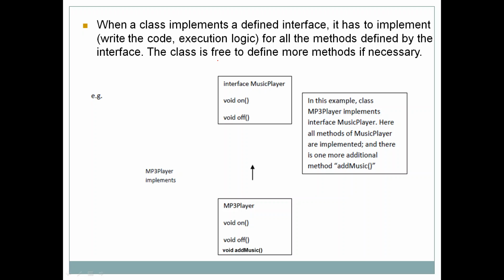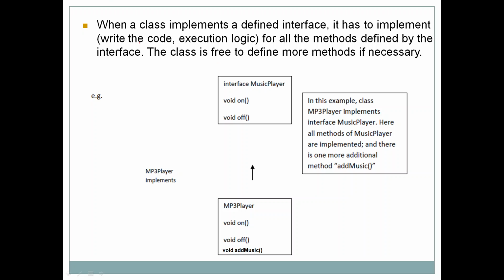So real abstraction is provided by interfaces in Java, where the implementation details or execution logic is hidden from the user. Whichever class wants to inherit the interface needs to provide the implementation for it.